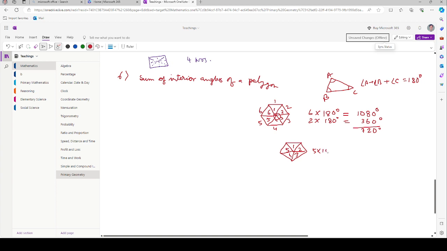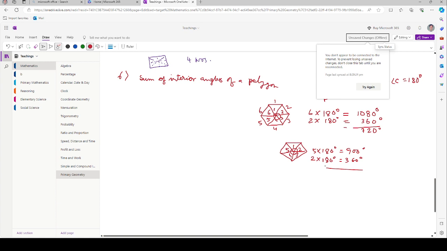Five into 180 degrees, that is 900 degrees, and this angle is to be excluded, 2 into 180 degrees, that is 360 degrees. If we subtract 360 degrees from 900 degrees, then we will get 540 degrees.